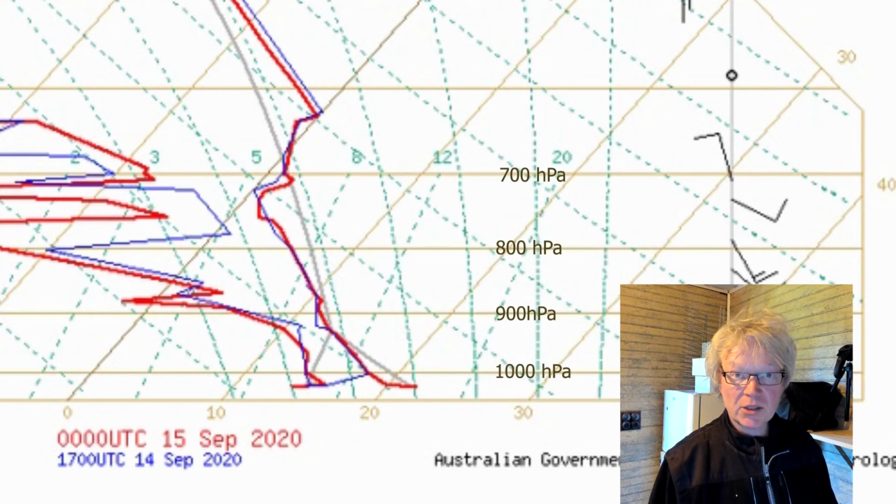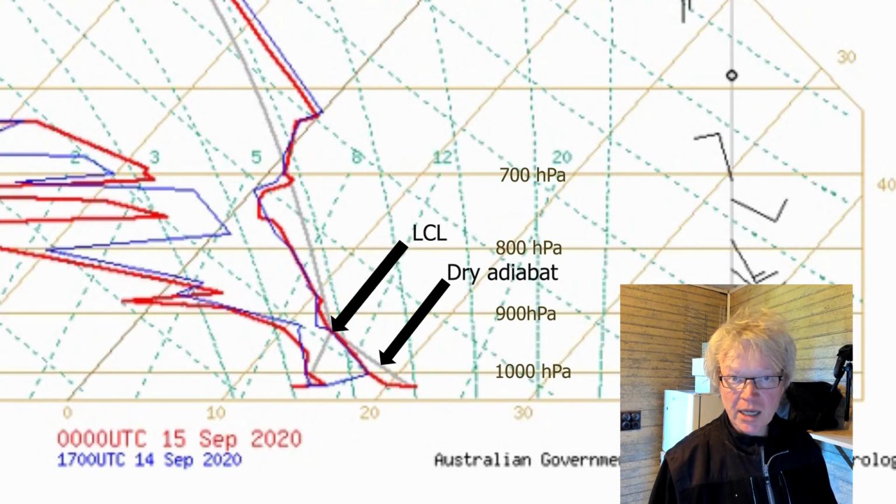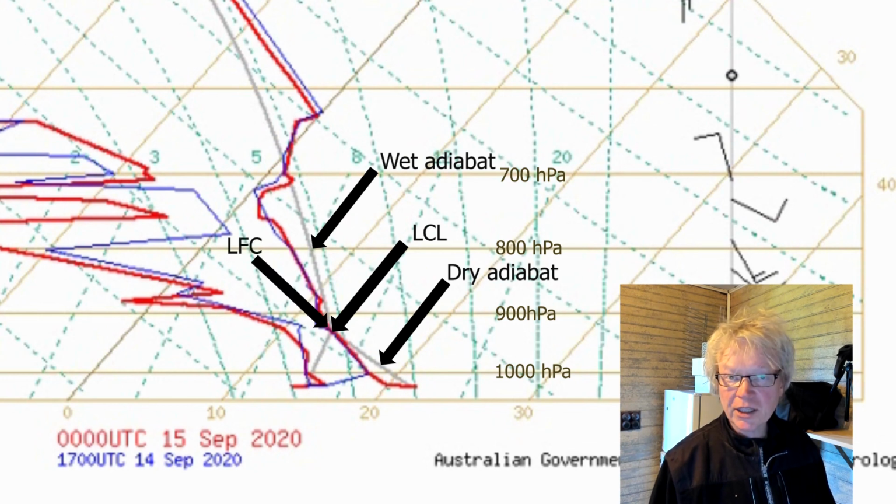As the air parcel rises following the dry adiabat, you can see that it reaches its lifting condensation level at around 920 hectopascals. From that point, it then follows the wet adiabat. What's interesting, because this is real data, is that it just happens, coincidentally, to also be the level of free convection.